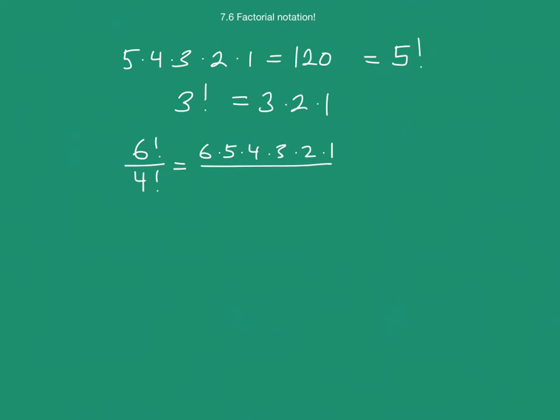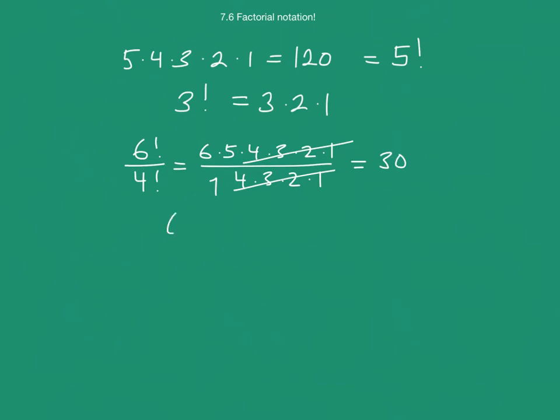And our denominator means 4 times 3 times 2 times 1. It looks like this is complicated to work out, but what we really have is the same numbers here and here, so we could just strike out these numbers and put a 1 down here.